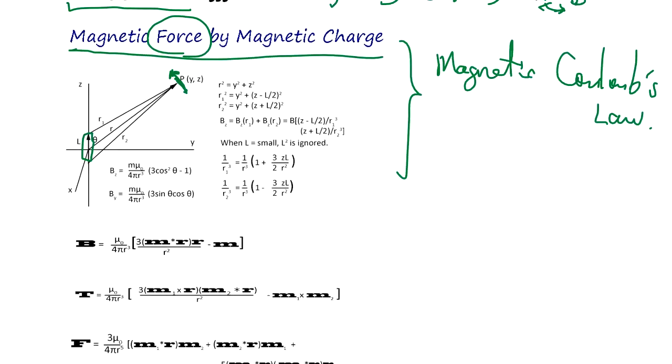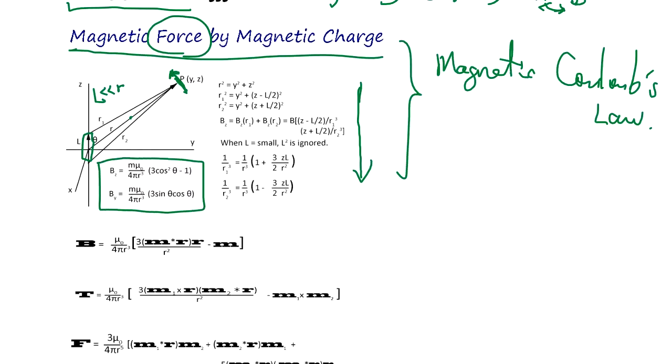How do they interact? Assuming that this distance R is large enough compared to L, I want you to go through this equation, spending time. We will get this equation.